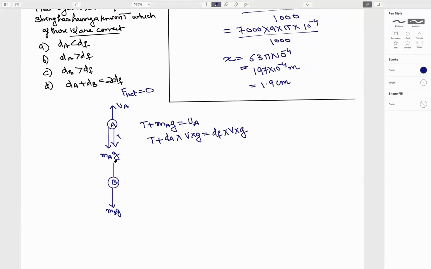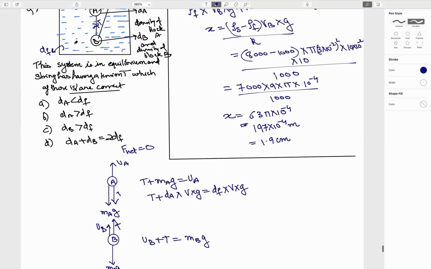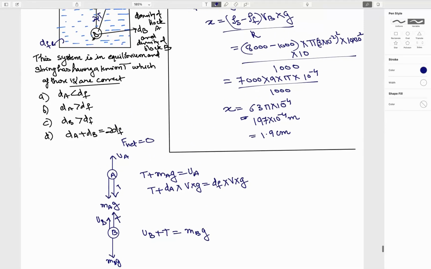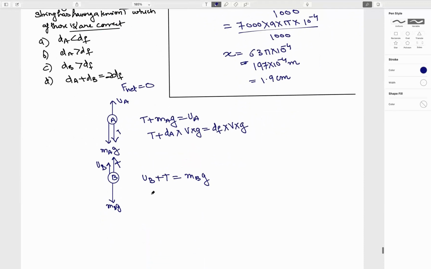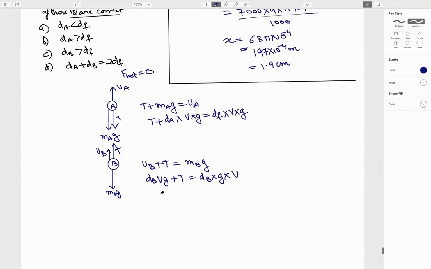Now T is in the direction of upthrust. Upthrust is also acting in this direction. So now UB plus T is equal to mB into g. Only T, the tension, is common in both. Again, this is completely inside the water, so this volume gets displaced. So UB is dF into V into g, plus T is equal to dB into g into V.